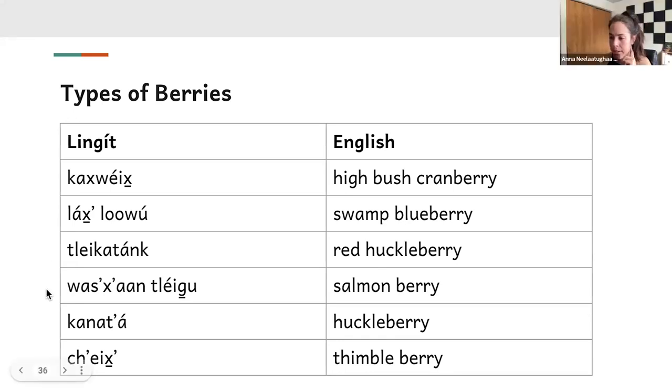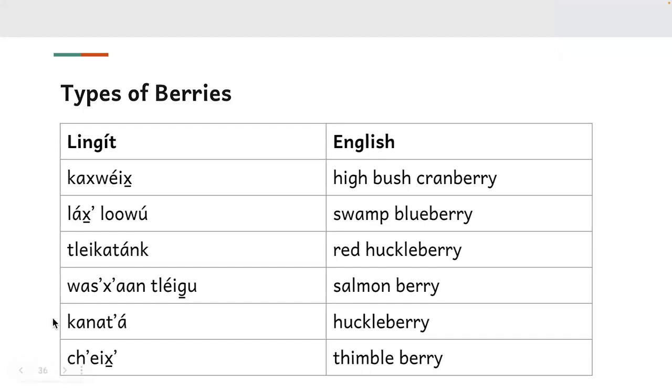Salmonberry, whisk on tle. Oops, I accidentally mixed up my tones. It goes tle. So let's do that again. Whisk on tle. There we go. Huckleberry, kanata. Isn't that blueberry?